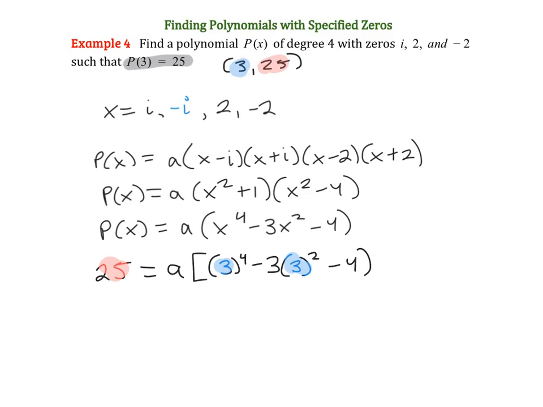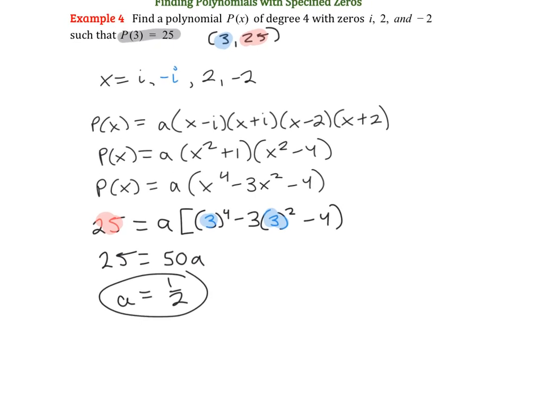So if you multiply this out, you get 50 in here. So I have 25 equals 50a, which means my a value is 1/2. So now I can go back and place that right here into my polynomial. So P of x equals 1/2 times x to the 4th minus 3x squared minus 4.